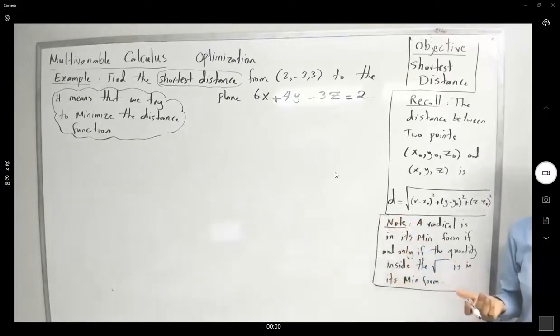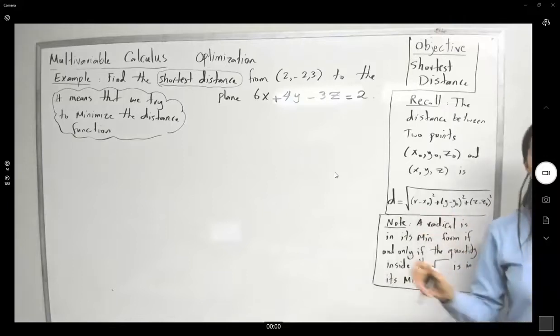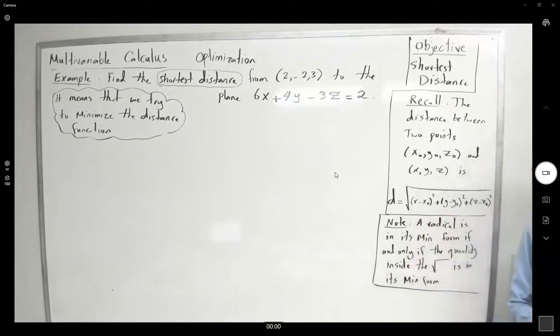So it means that I don't even have to deal with the square root function. What I need to do is minimize this quantity inside the radical.